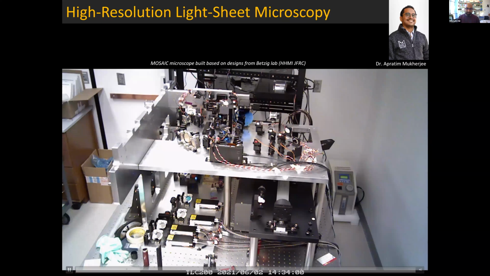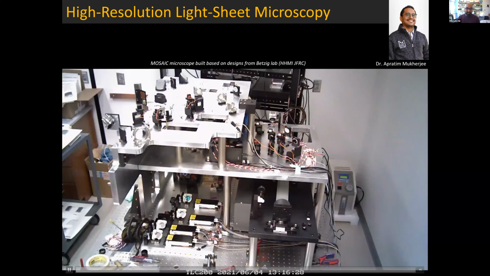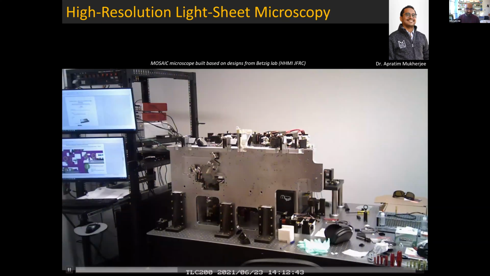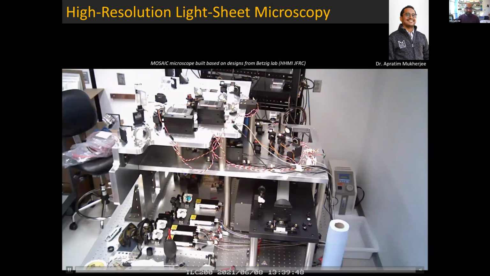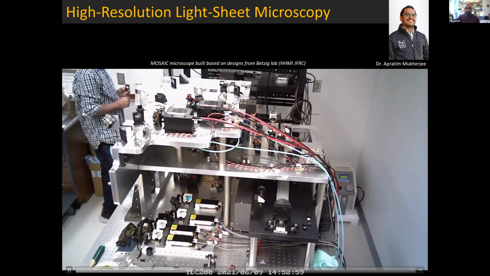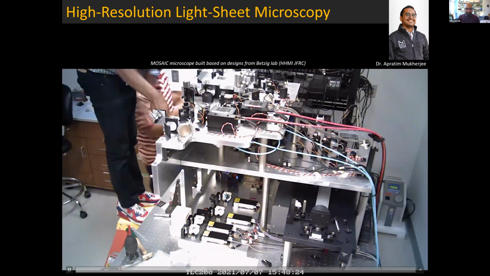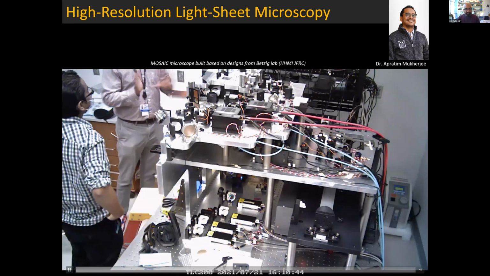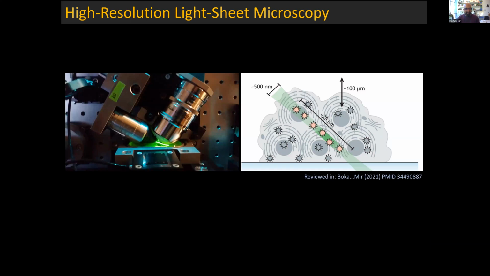This microscope can do quite a few different things. And as you can see, it's quite a complicated machine. But at its heart are these two orthogonally positioned objectives. One microscope objective is used for excitation, using this exquisitely thin sheet of light.